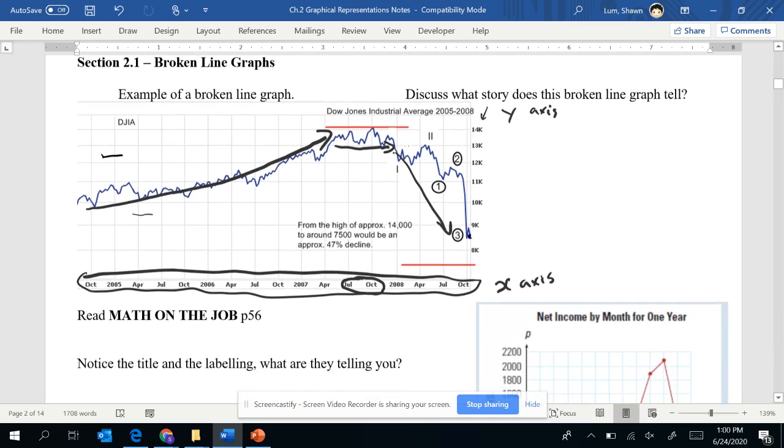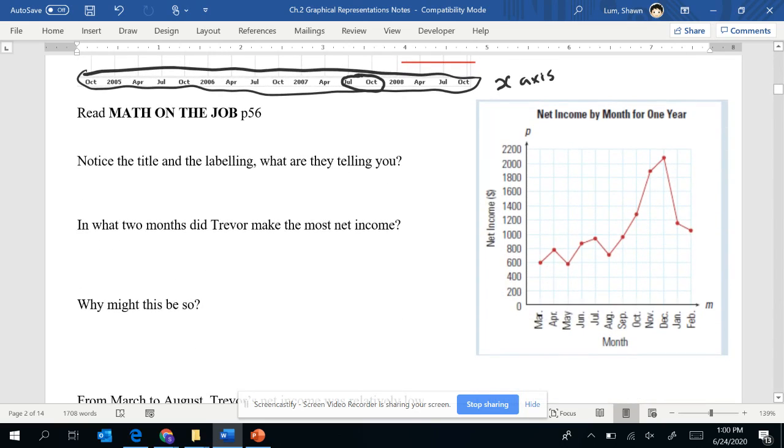Anyways, so let's take a look and try to figure out what is going on with the story from this graph. This is a little bit easier graph to see. So notice the title and the labeling. What are they telling you? So it says net income by month for 1 year. So net income means how much money they are taking home each month for 1 year.